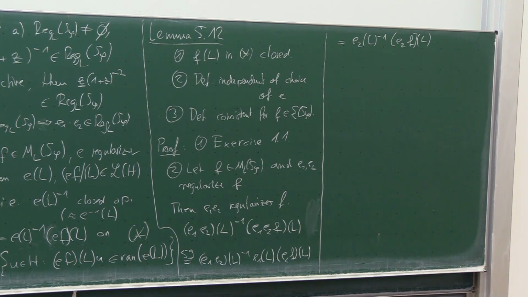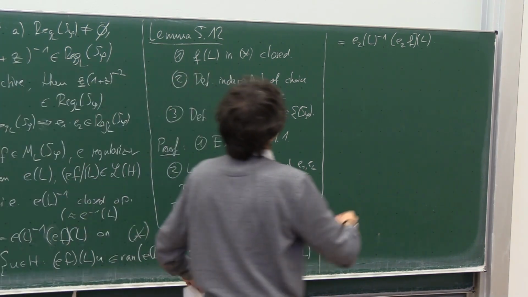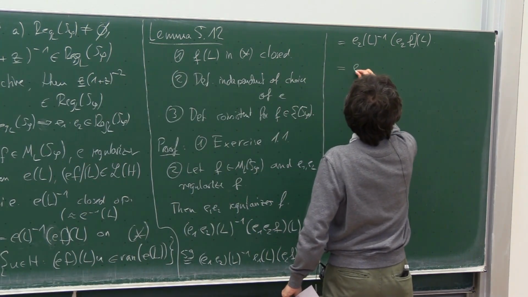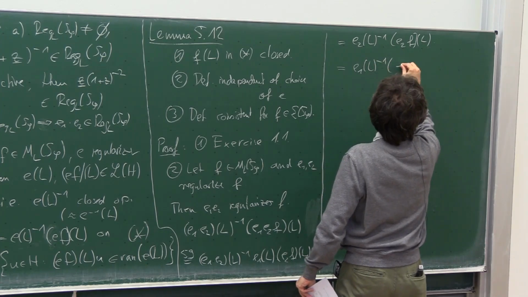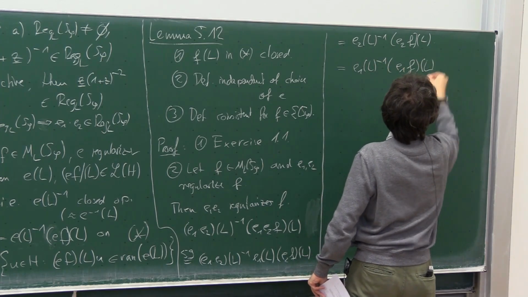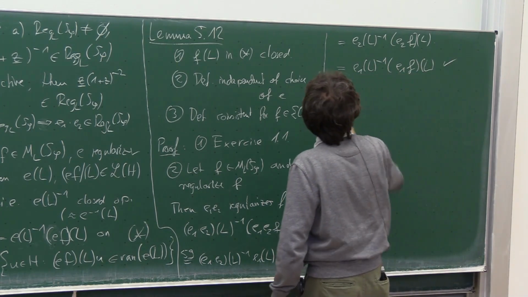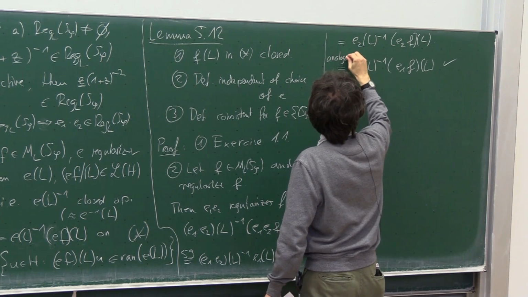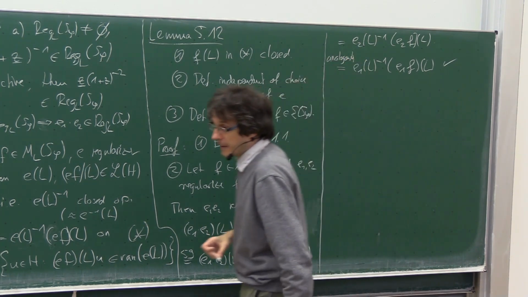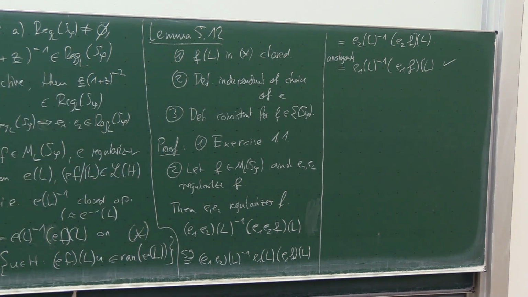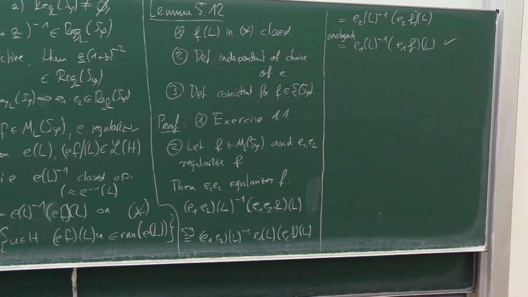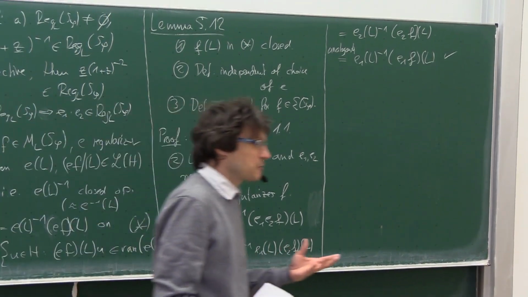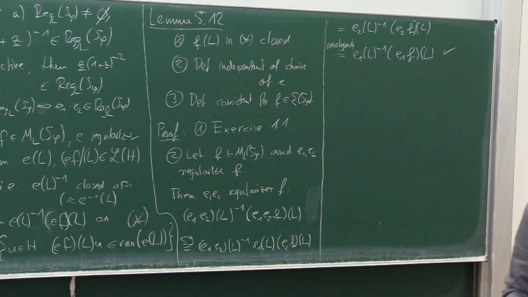So you can do the same, and you get that this is the same as E1 of L to the minus 1, E1f of L. So this is just analogous. So in fact, this definition is consistent in the sense that it's of no importance which regularizer you take as soon as you have one.